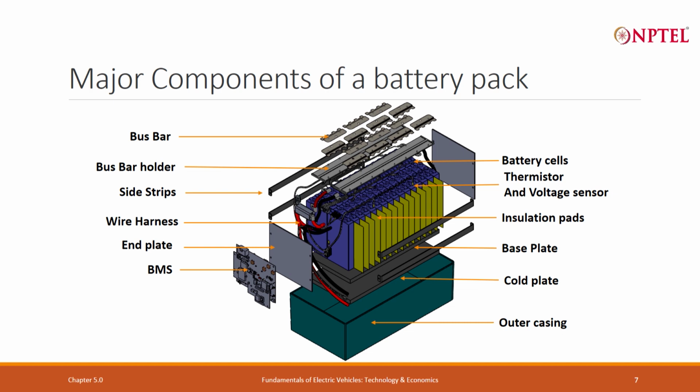And this does not change. If you make a bigger pack, the number of components of each would increase. However, overall it is the same for smaller or bigger packs.